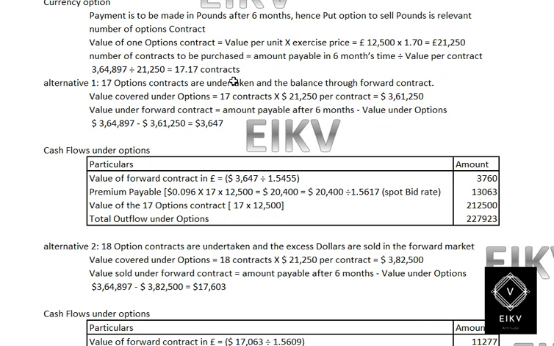Now it is 17.17 contracts, so we need to convert it for alternative 1 and alternative 2. It will be 17 contracts, and the next one will be rounded up, which will be 18 contracts. So for the first alternative it will be 17 contracts. So 17 option contracts are undertaken, the balance through forward contract.